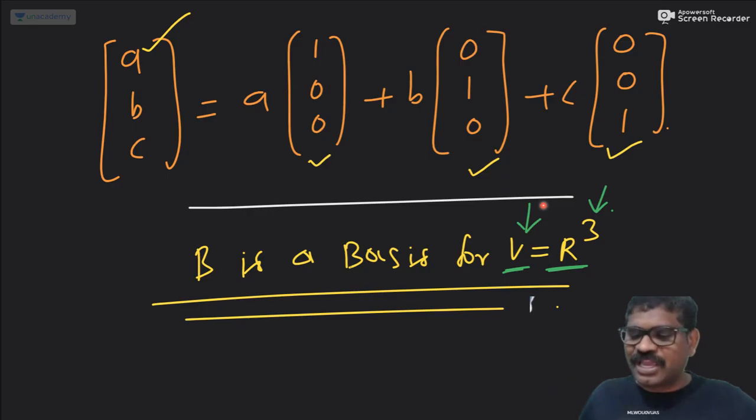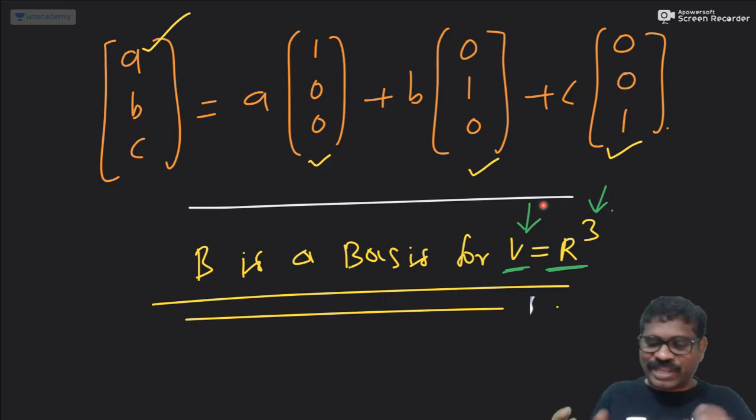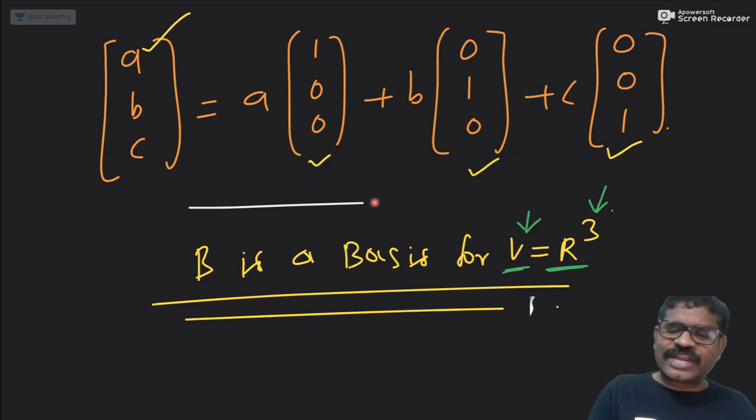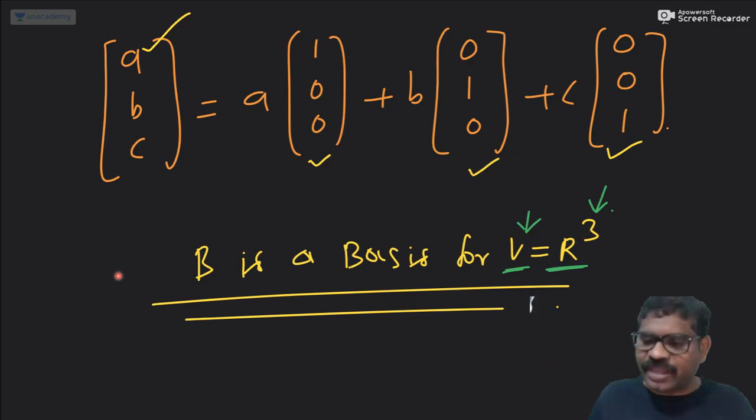Any three independent vectors, if you take them as your basis, you can express any vector as a combination of those three. Okay, I have taken only a simple example. This example is the standard basis concept, just to get the idea about basis. Okay?